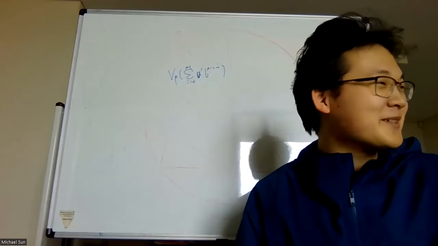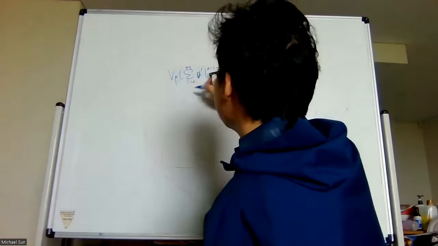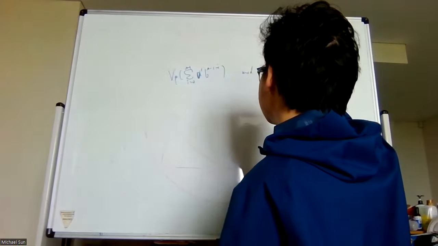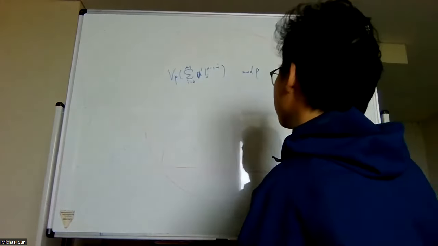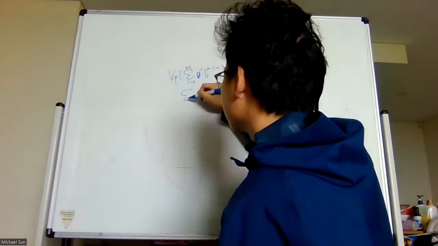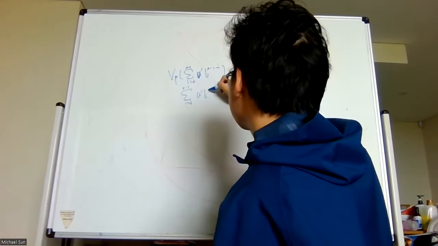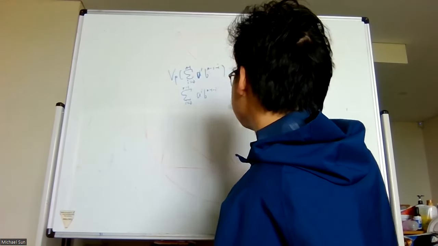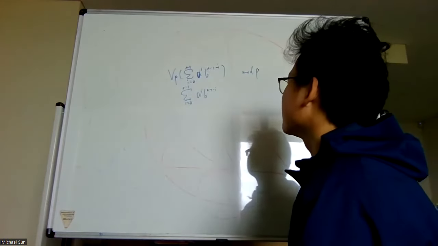We can mod p. Yeah, mod p. If we want to prove that it's not divisible by p, that's equivalent to proving that mod p it's not 0.